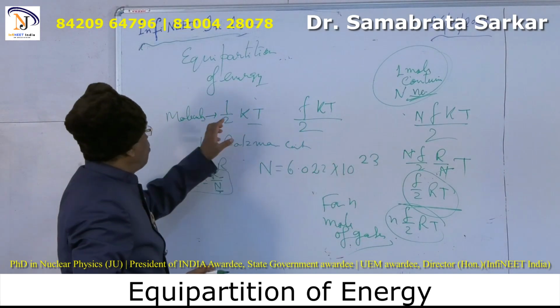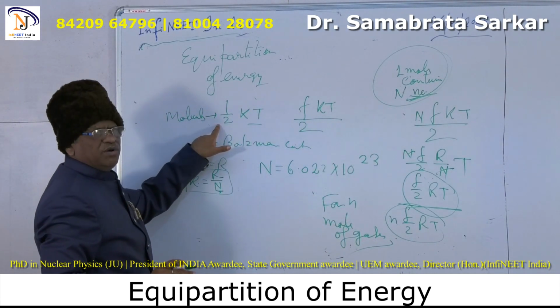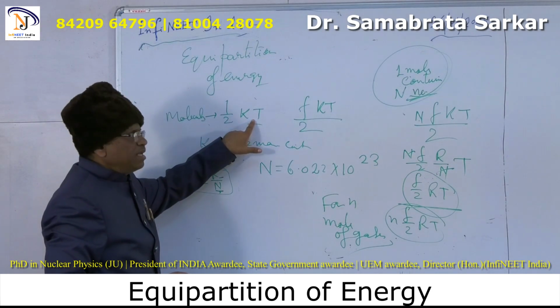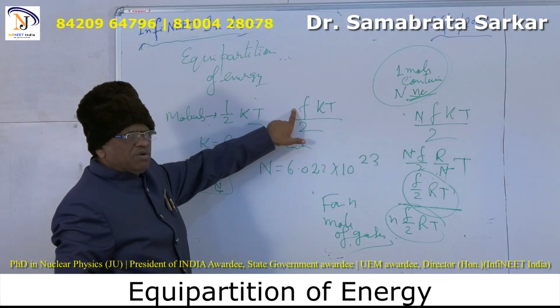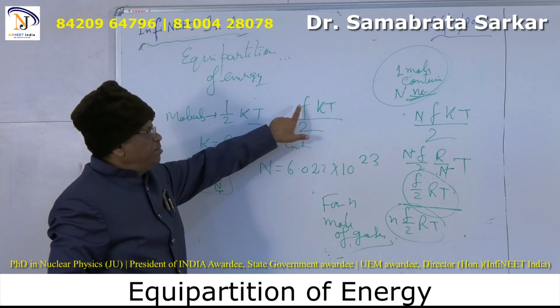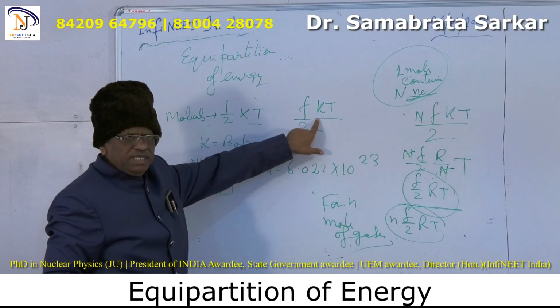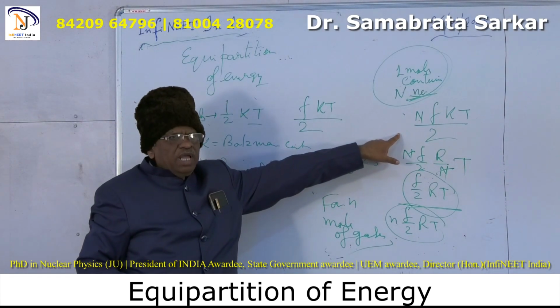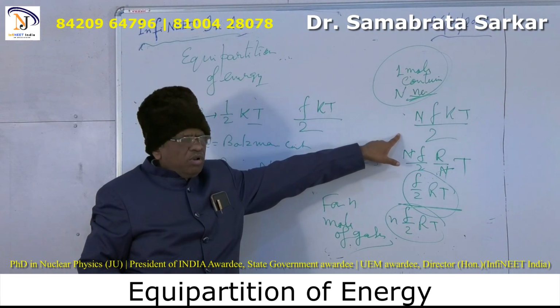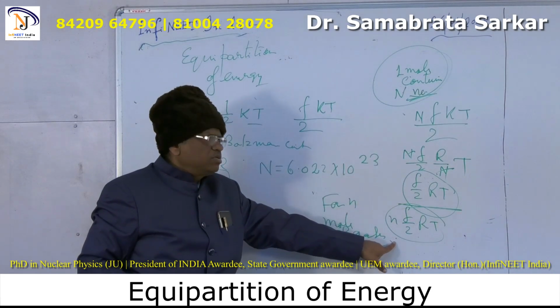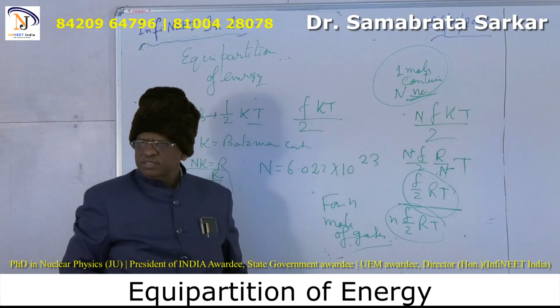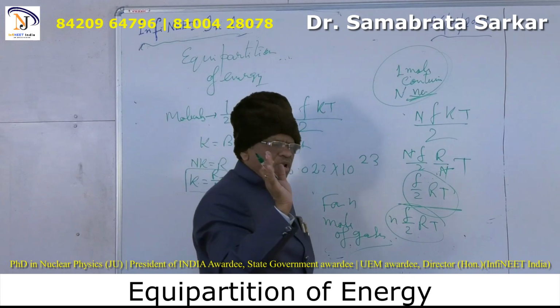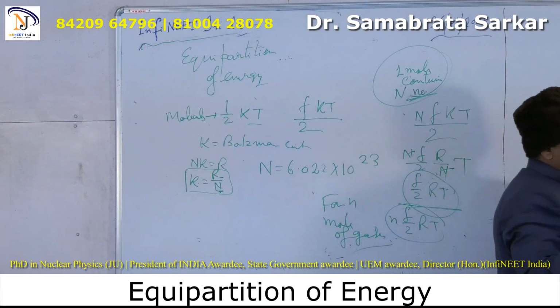So for 1 molecule, 1 degree of freedom, it is half kT. For 1 molecule, f degrees of freedom, f by 2 kT. For N molecules, that is 1 mole, f by 2 RT, and for n moles, this one. There are 4 relations. All types of questions will be asked.